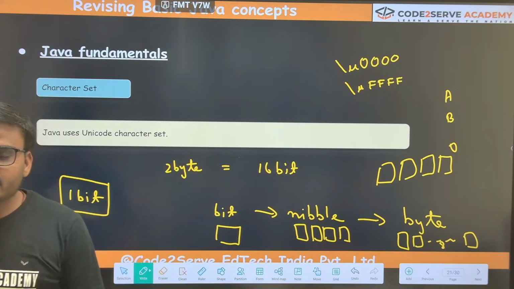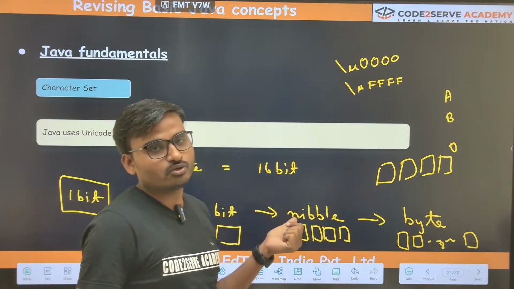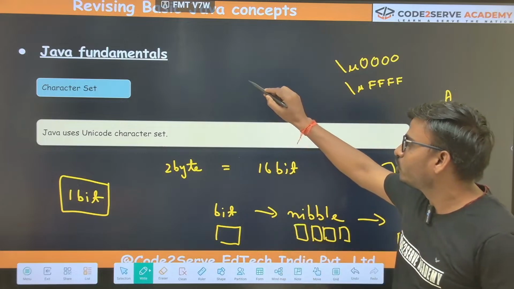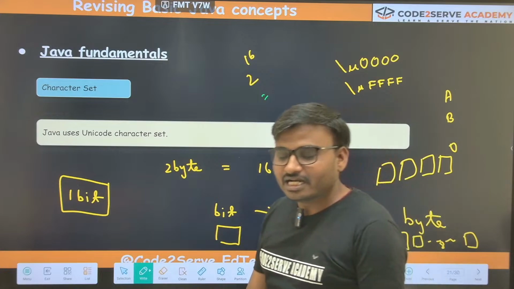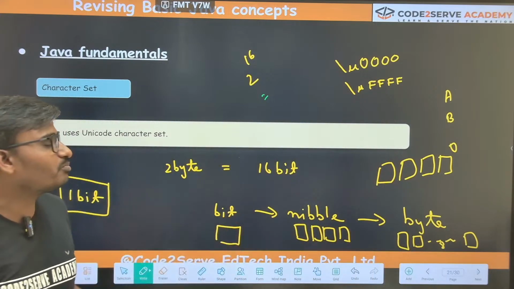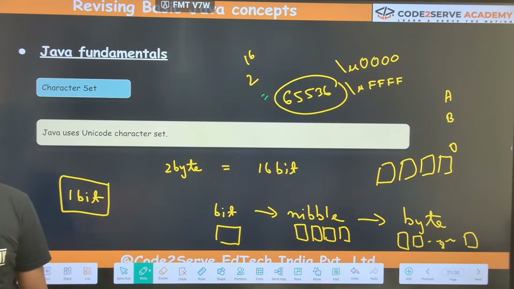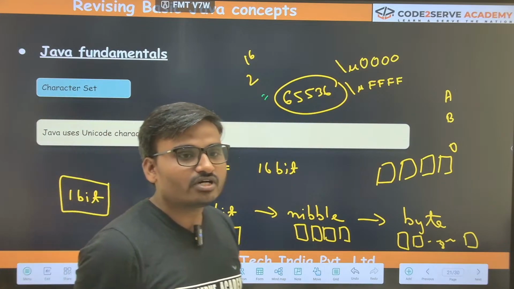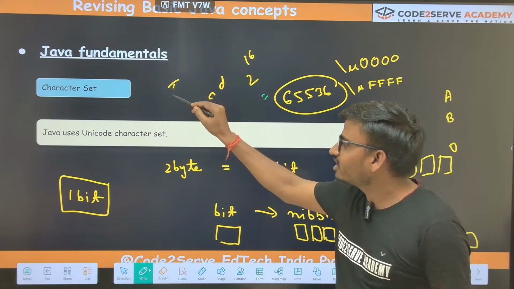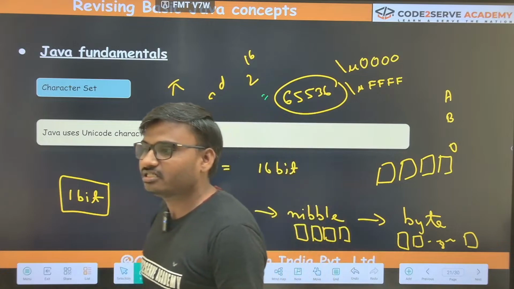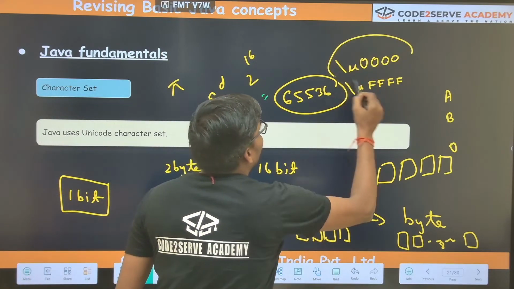If we have to find the range, meaning how many characters can be encoded using Unicode, we can find it by the formula 2 to the power of bits. So 2 to the power 16 will be almost 65,536. Whatever character code we see, either C, D, or pi, any character you have encountered can be represented using this type of encoding.